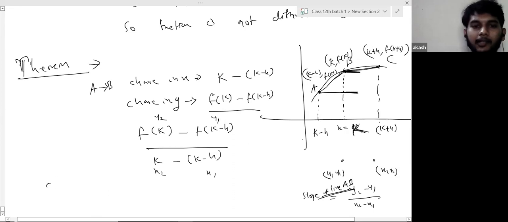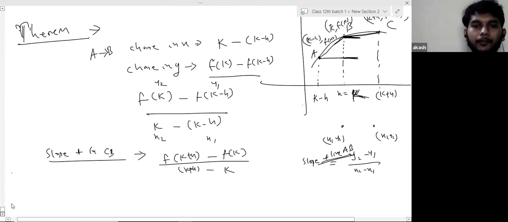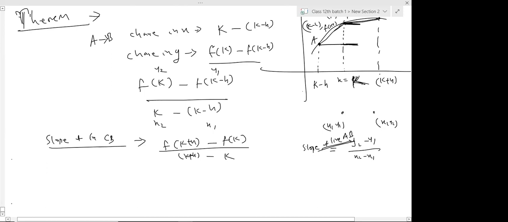So we can directly write now slope of line CB will be equal to f of k plus h minus f of k upon k plus h minus k. I hope this thing is clear. Yes or no? Yes, sir.